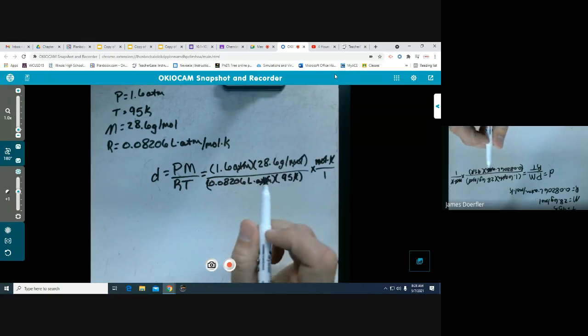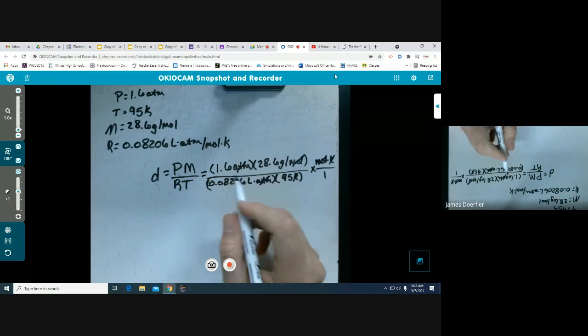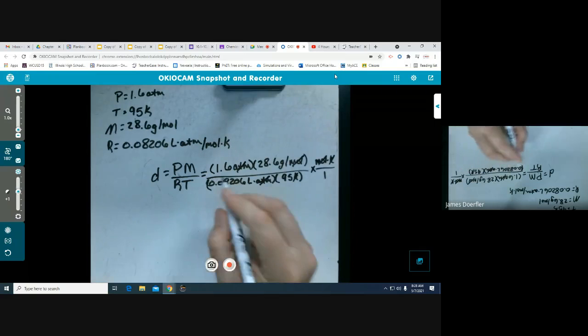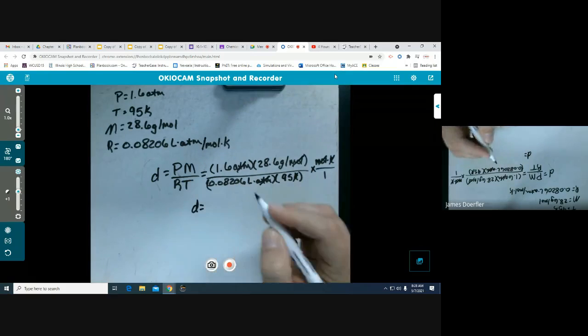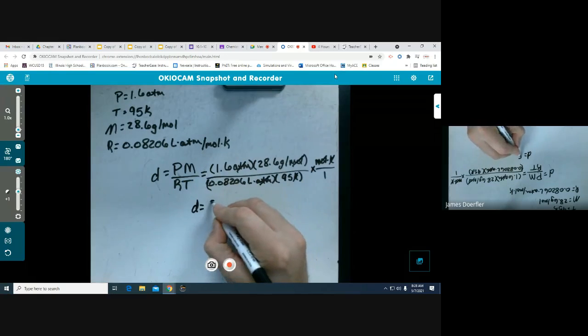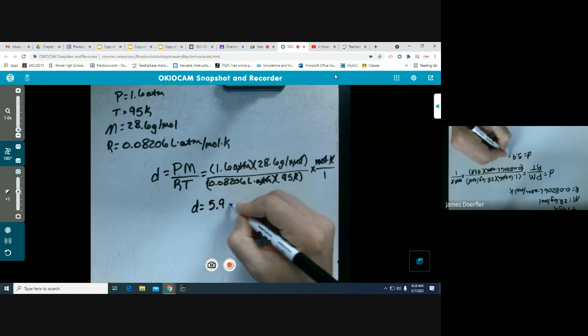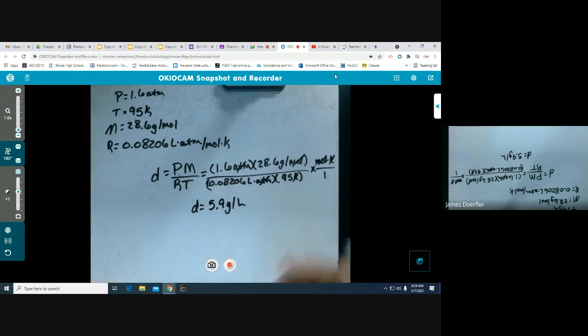So check my math. As I plug everything into a calculator, I should get that density is equal to 5.9 grams per liter. You all agree with that? See, Kendall is double checking for us.